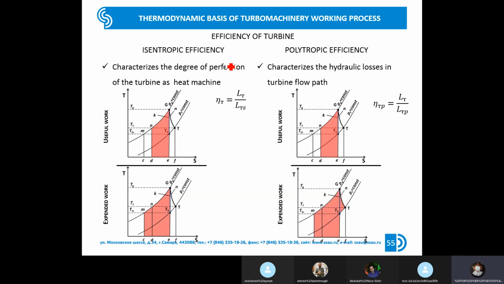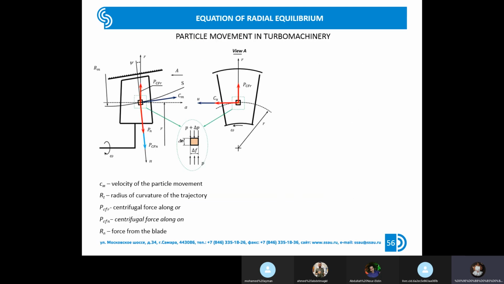But of course, for guys who deal with turbomachinery, isentropic efficiency is more useful, because exactly this value is drawn right in the thermodynamic calculations, and during calculation we are based on the data from thermodynamic calculation. So that's all about the thermodynamic process of the turbomachine.